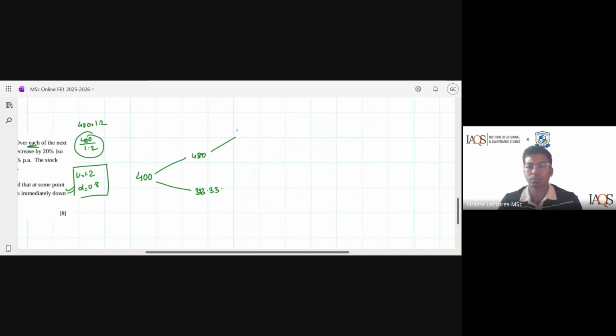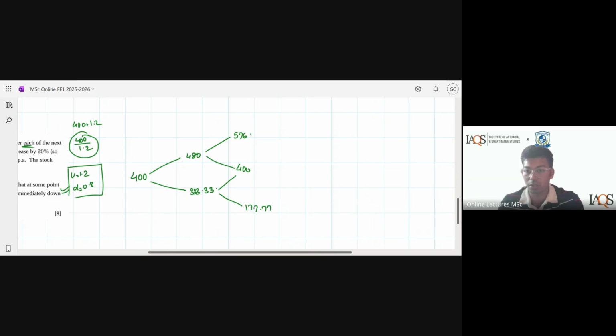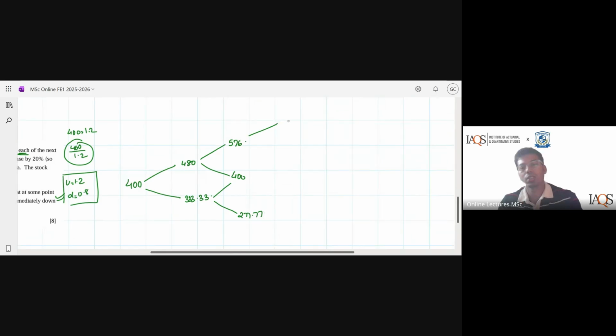480 goes up to 576. 480 divided by 1.2 is 400. 400, you come over here, 1.2, 400. 177. 277.77, and we'll need one more time step. 691.2.